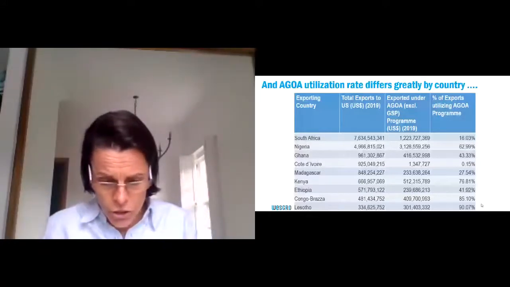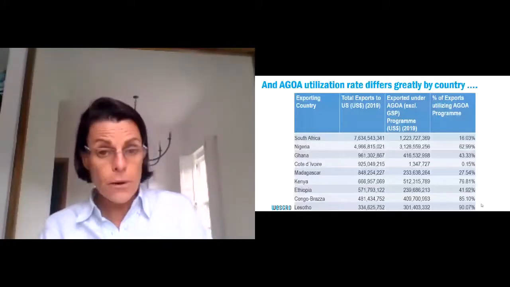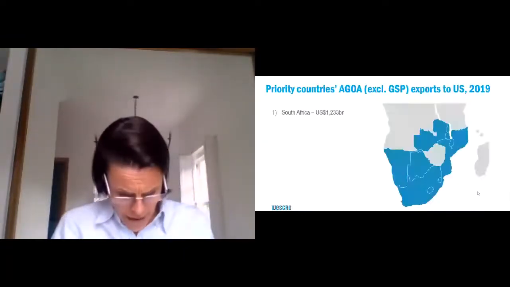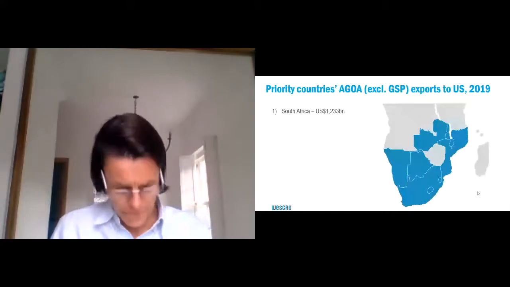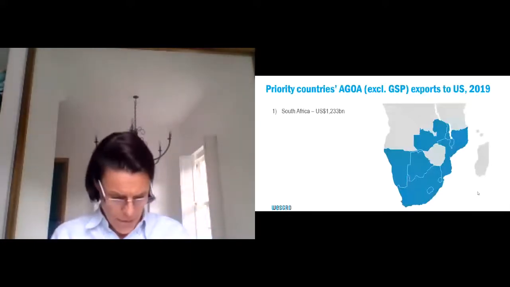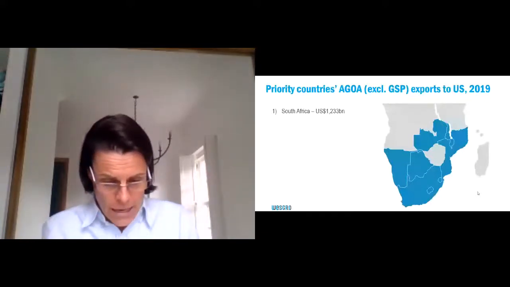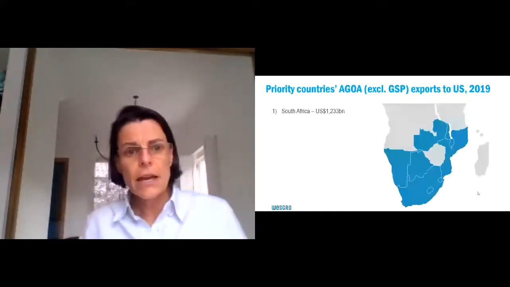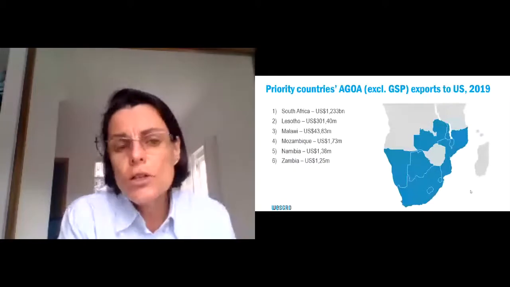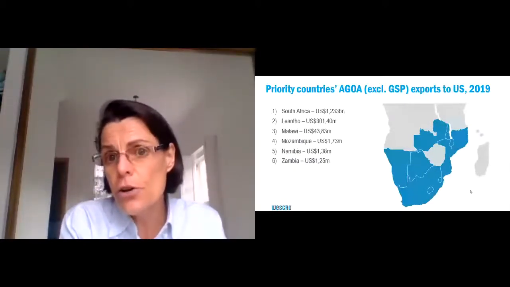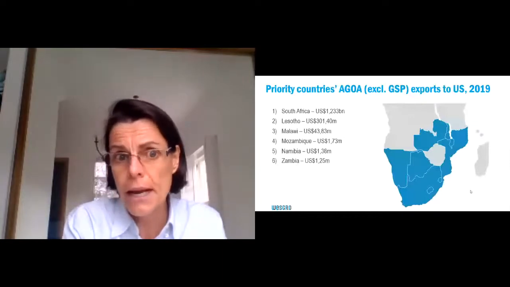Then turning our attention to the USAID Trade Hub's priority countries, as mentioned earlier, these are Lesotho, Malawi, Mozambique, Namibia, Zambia, Eswatini, Botswana, and South Africa as well. On this slide, this gives us an indication of the total value of these countries' exports under the Agoa program to the US in 2019.